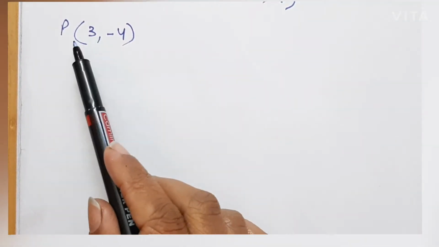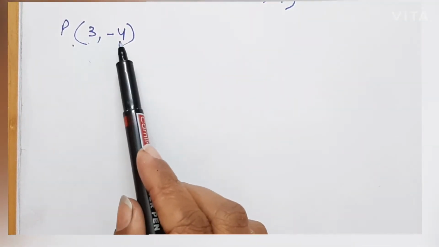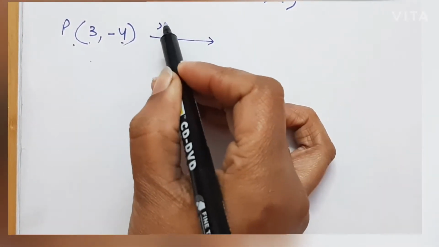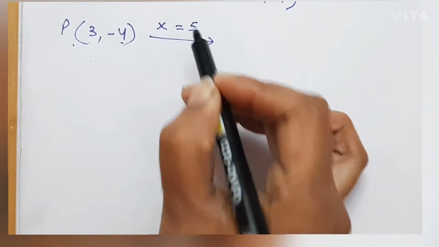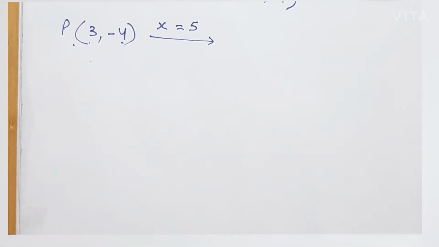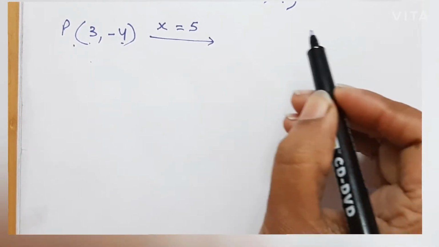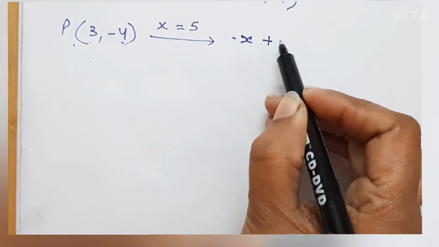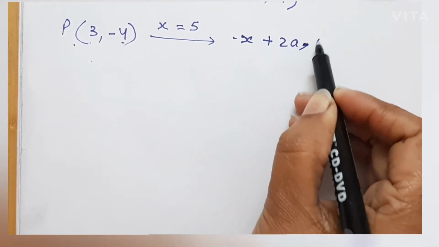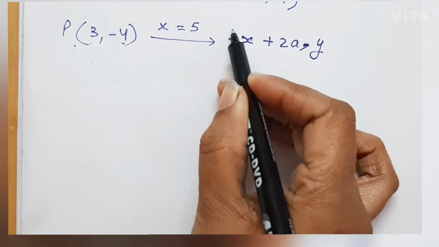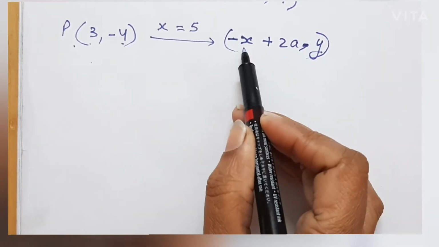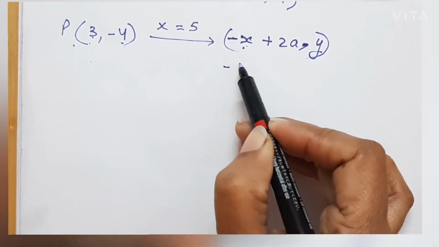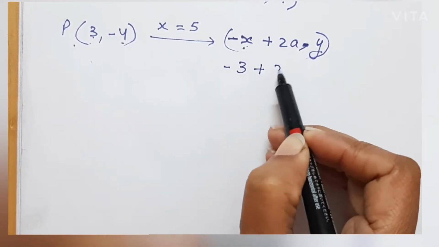See now, if you want to take a coordinate 3, minus 4, and now let us reflect this under x equal to 5. So let us see what will happen. Now as per the formula, it is minus x plus 2a, y. This is the formula. Clear? Now let's see what is x here. x is not 5 here. x is 3. So it is minus 3. 2a.